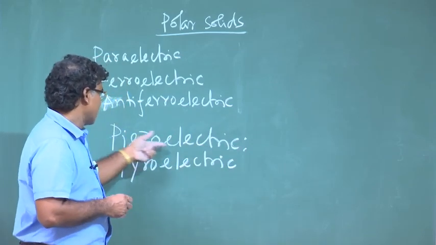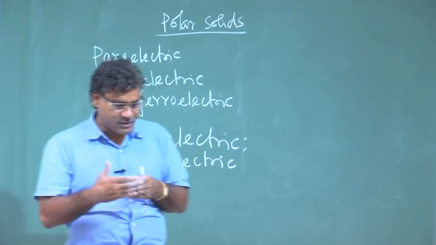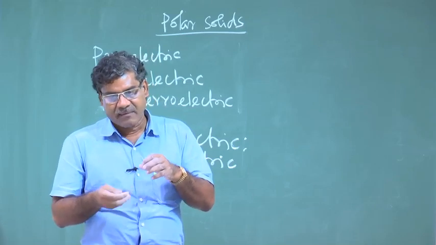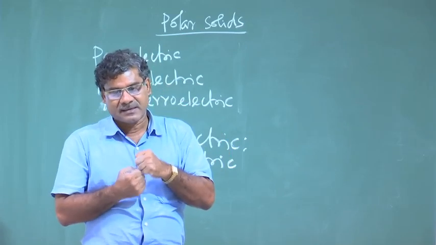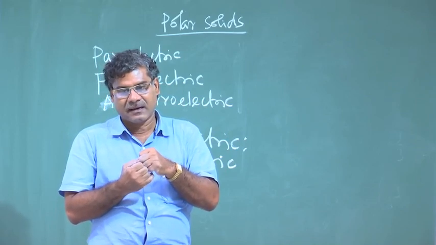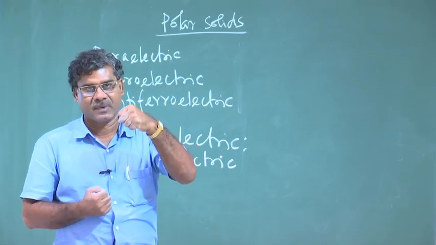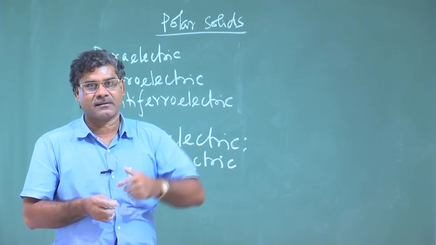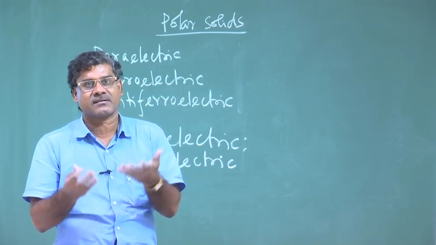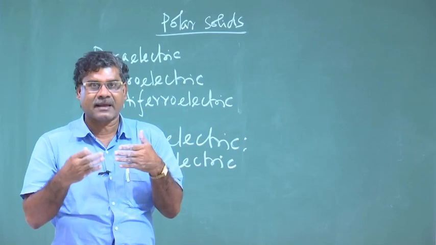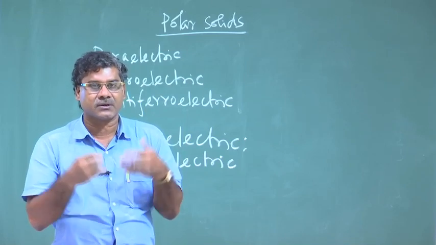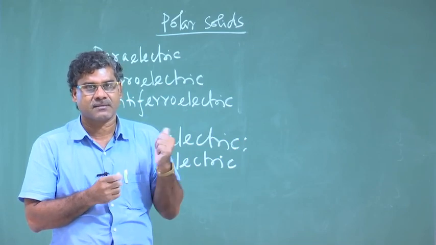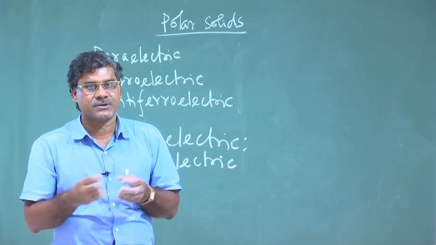Just the reverse: if we apply voltage to this material, its dimension changes. If you change the dimension, the material is polarized, and you will get an electrical signal in terms of charge or voltage, not current in case of dielectric material.